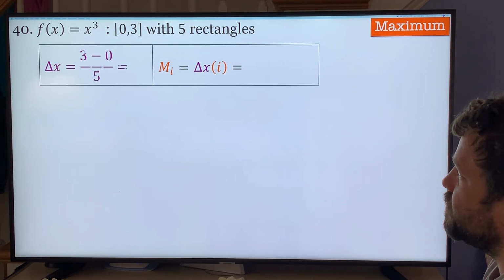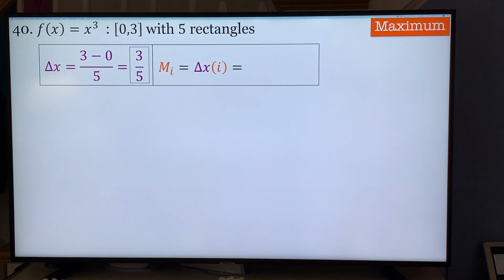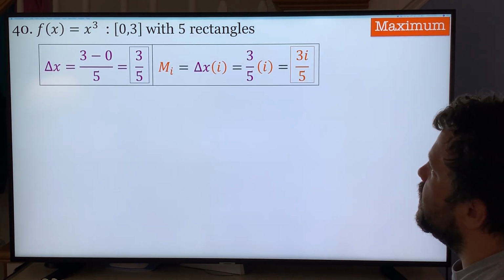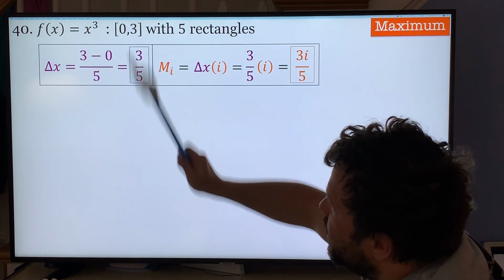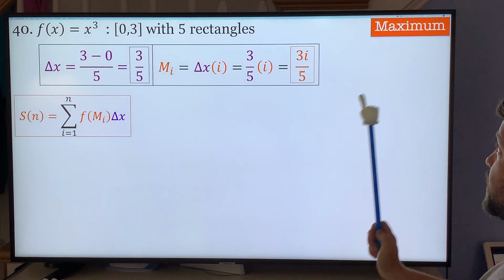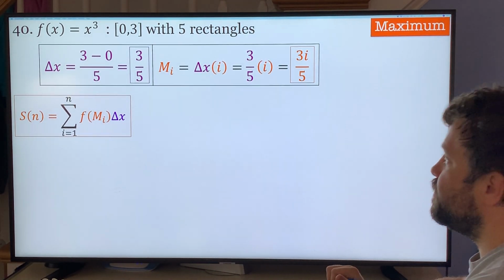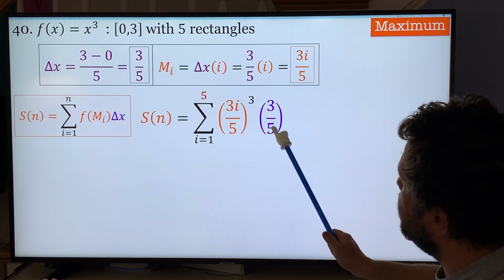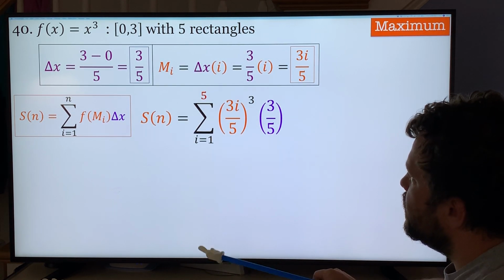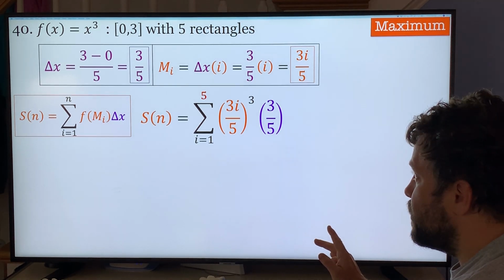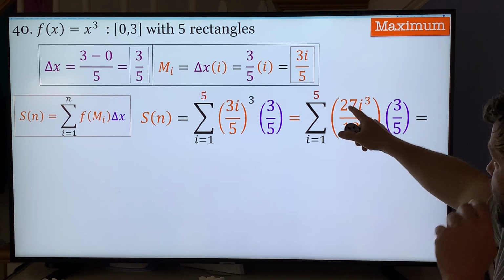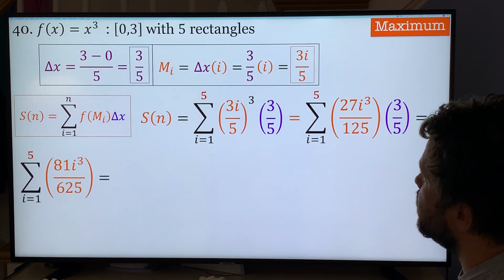All right. 3 minus 0 over 5, 3/5 still. Delta x is 3/5 times i, which is 3i over 5. You're going to take your 3i over 5 and cube it. Once again, maximum is a lot easier than minimum. (3/5) cubed times 3/5. 3i cubed: 3 times 3 times 3, we said before, is 27, i cubed over 125. So 81 i cubed over 625.